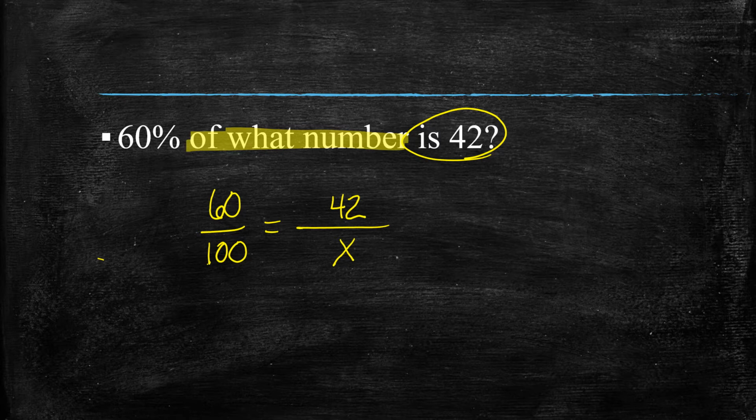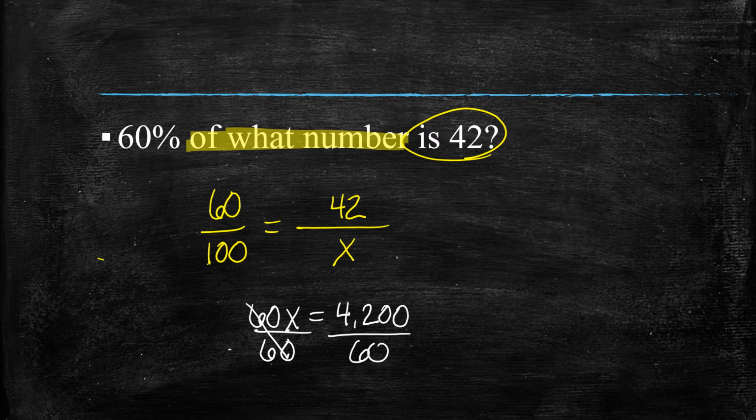So 60 multiplied by x is 60x. 42 multiplied by 100 is 4,200. We're dividing by 60 on both sides of our equation, and 4,200 divided by 60 equals 70. So that means 60% of 70 is 42.